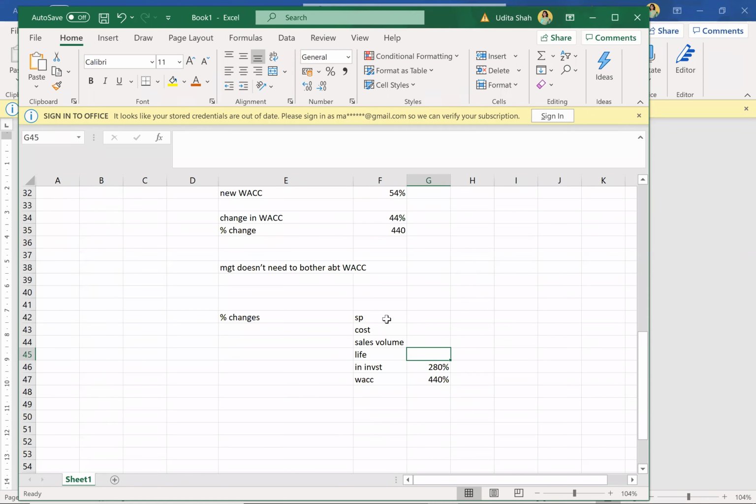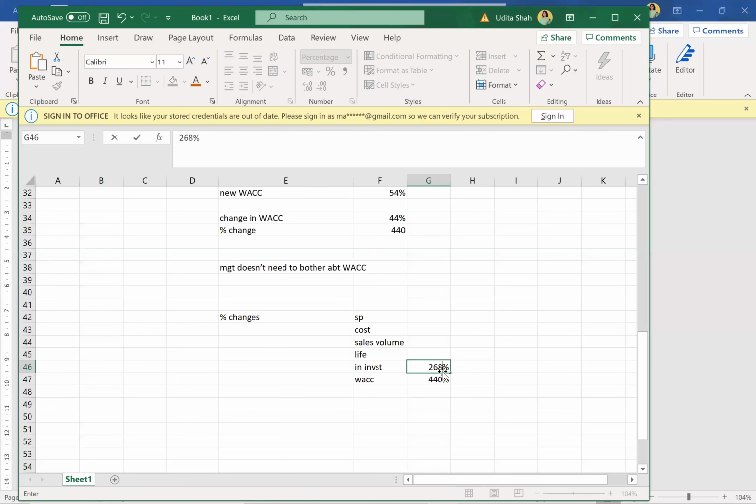What is the percentage calculation for the first four? Why is that not? See, again the same thing. Okay, even with 400% change, my NPV will still be positive, right? Okay, sorry, initial investment is 268%.